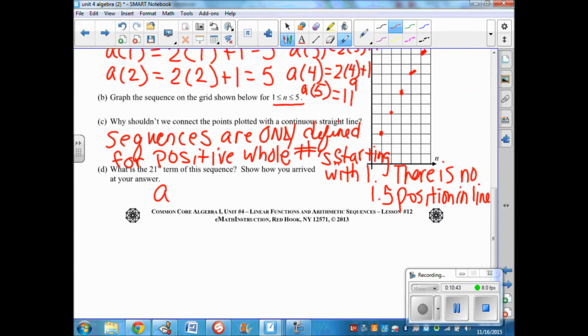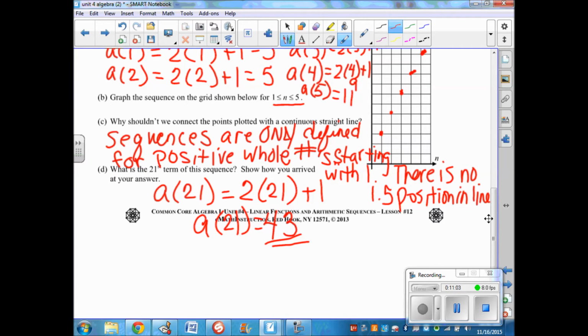We'd say a sub 21, we're looking for the 21st position, says take 2, multiply it by the position, and add 1 to it. So we should end up with 42 plus 1 is 43. So the 21st number in this sequence is 43. Go ahead and flip that page.